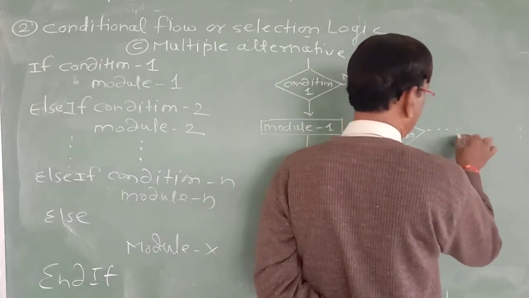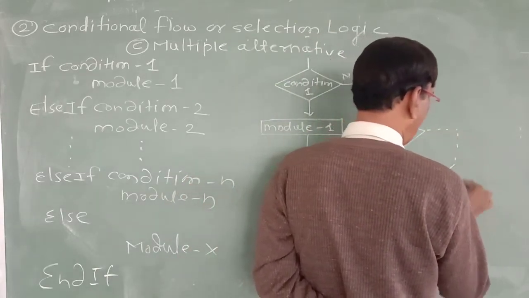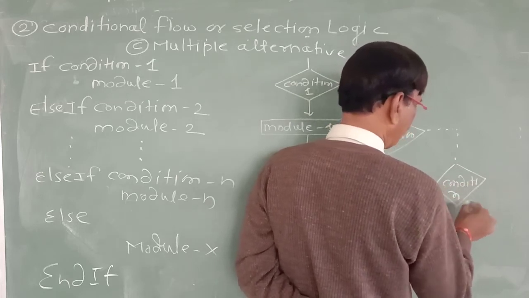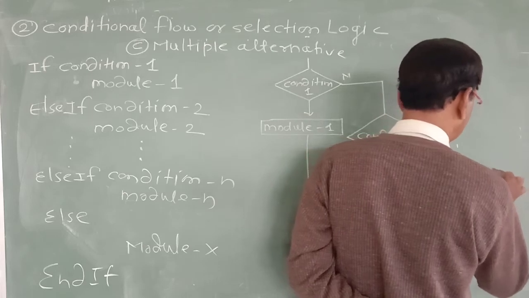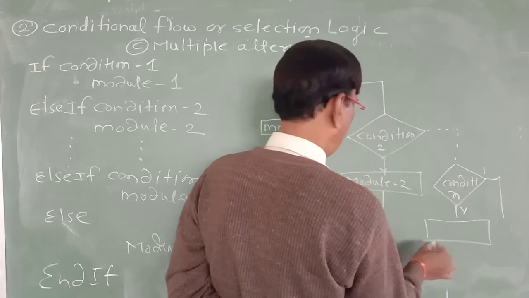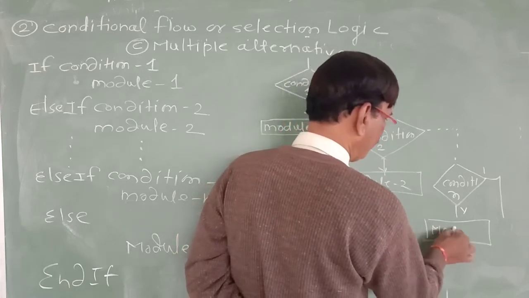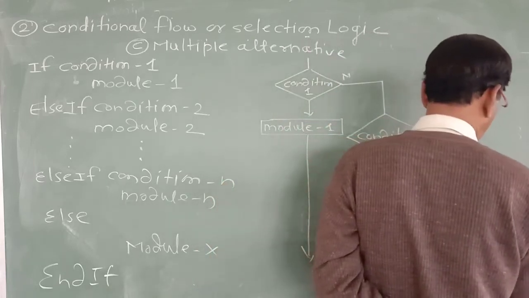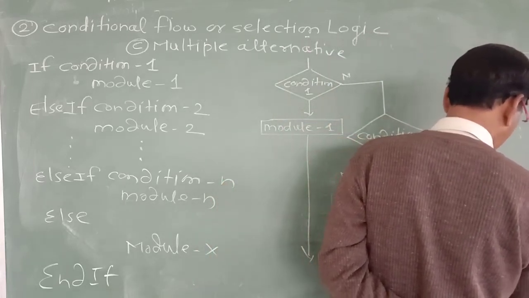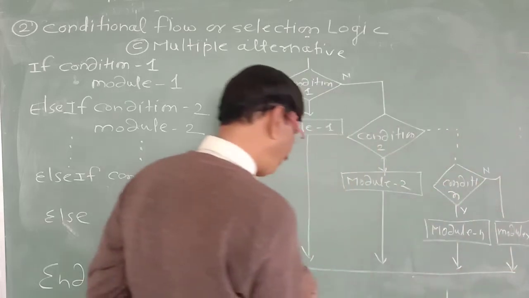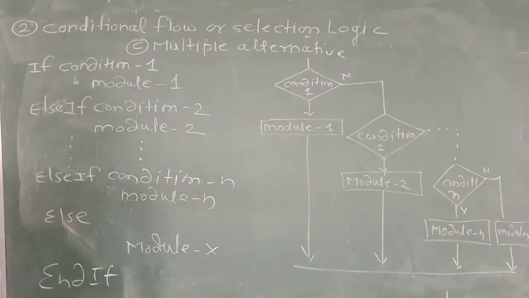Dot dot dot, condition n. Yes, module n, and we stop. If not, you go to module X, stop. Like this. So these are three types.